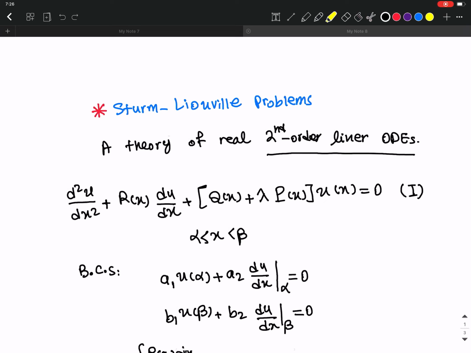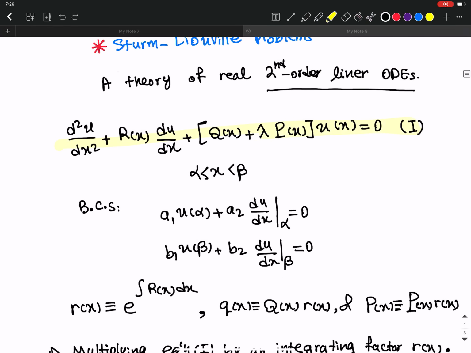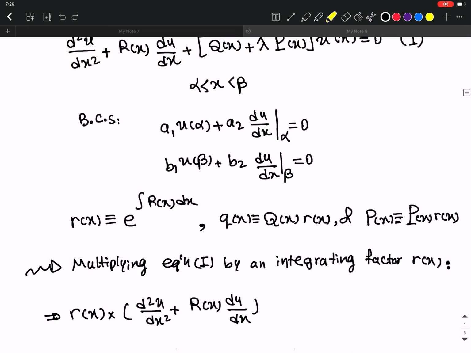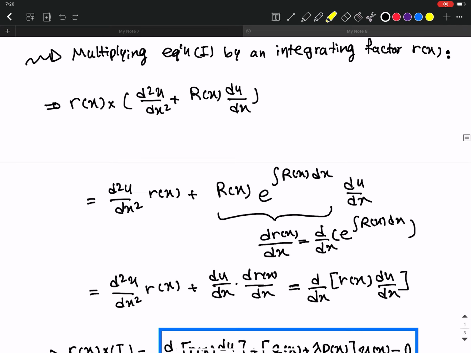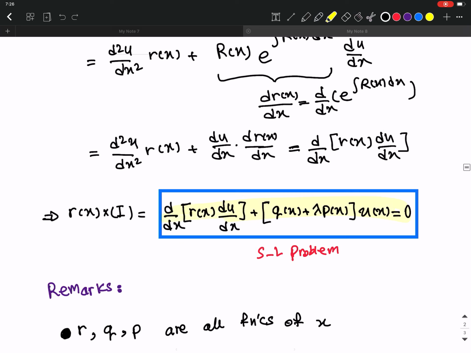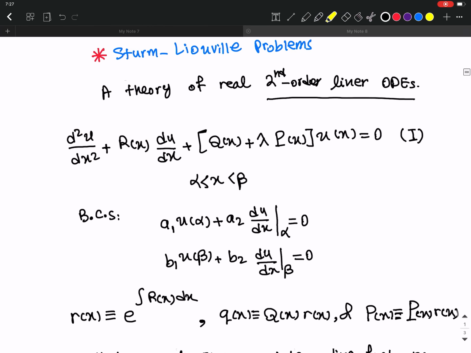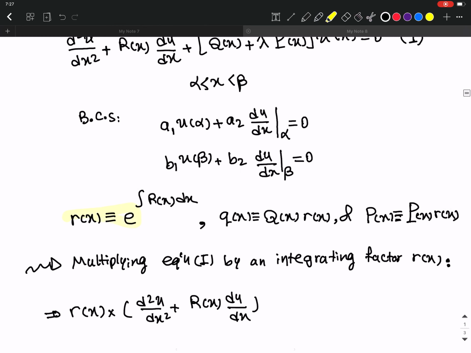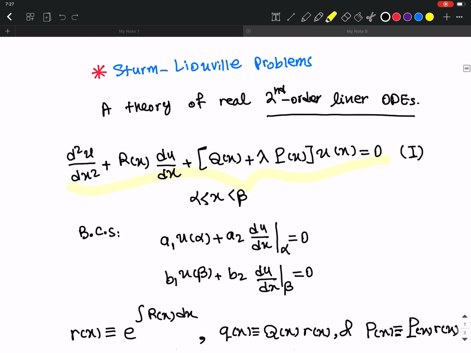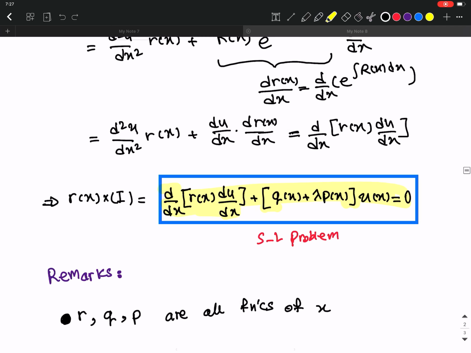Sturm-Liouville problem is the theory for real second-order linear ODEs, and we started with a general form of second-order linear ODE, and then reduced it to the Sturm-Liouville form by multiplying this general second-order ODE with the integrating factor R(x), which is just e to the power integral of R(x) dx.